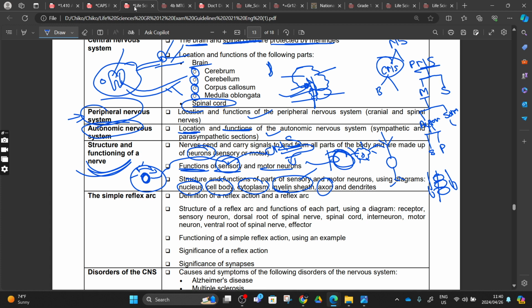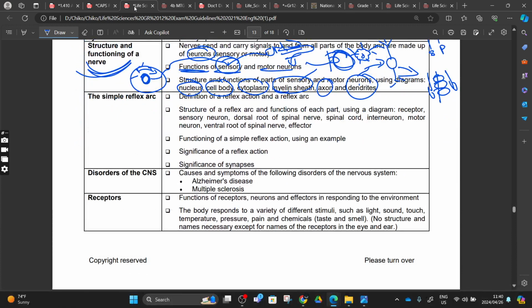And then we also have the axon, and then we also have the dendrites. When we have to differentiate these two, the dendrites transmit impulse to our cell body, and then the axon transmits the impulse away from the cell body. So we moved on. We were asked to learn about the simple reflex arc. With a simple reflex arc, you'll have the receptor, the sensory neuron, the interneuron or connector neuron, the motor neuron, and the effector.